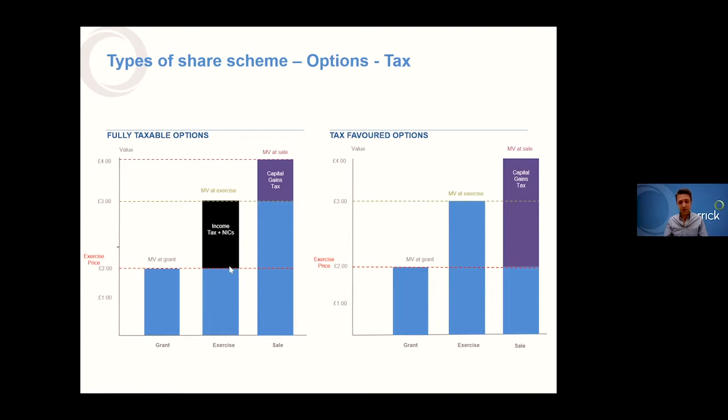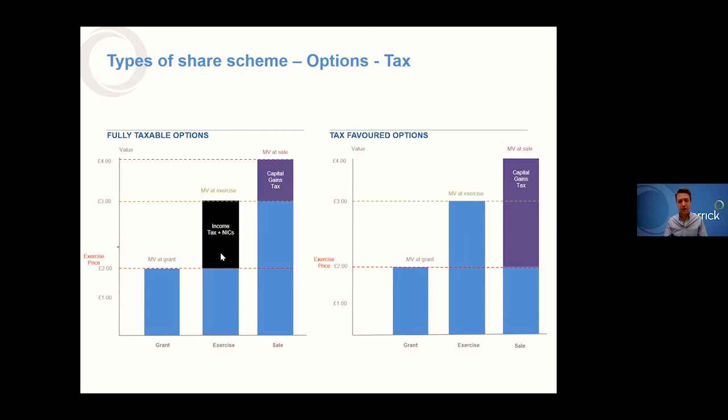Then you come to exercise the option, and what you've got is a right to buy a share, which happily then is worth £3 because the market value of those shares has gone up. You pay £2 to exercise, and you get something worth £3. So fairly obviously, you've made a gain of £1 there.